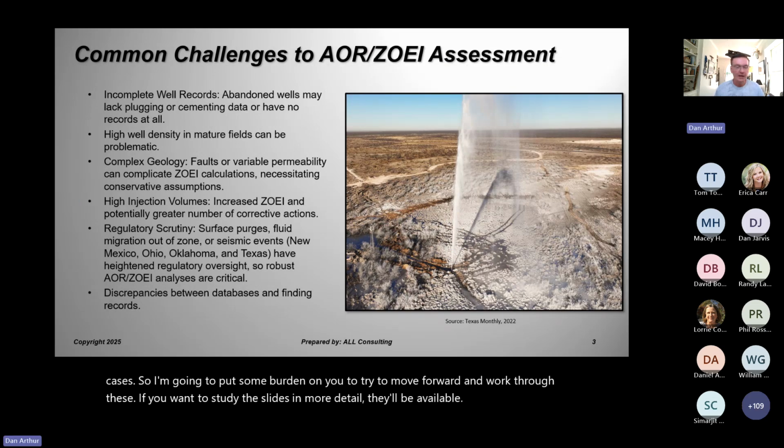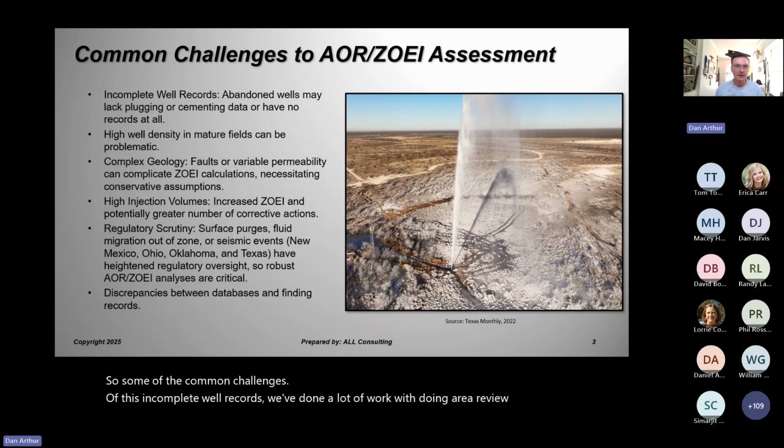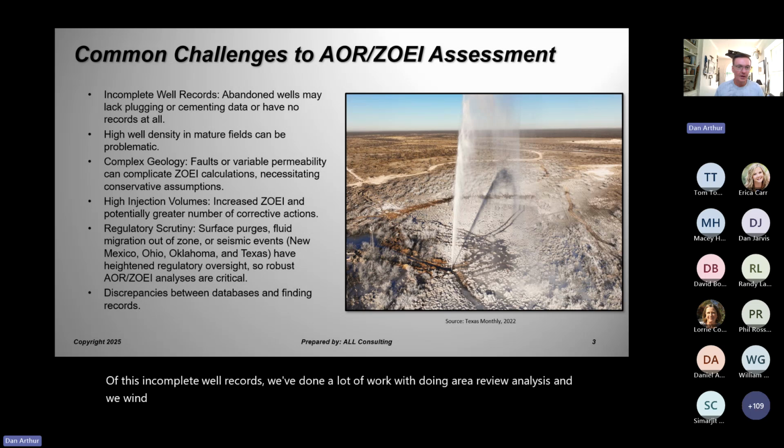So some of the common challenges of this, incomplete well records. We've done a lot of work with area of review analysis, and we wind up getting to areas with wells drilled in the late 1800s, early 1900s. They're not always complete data sets.